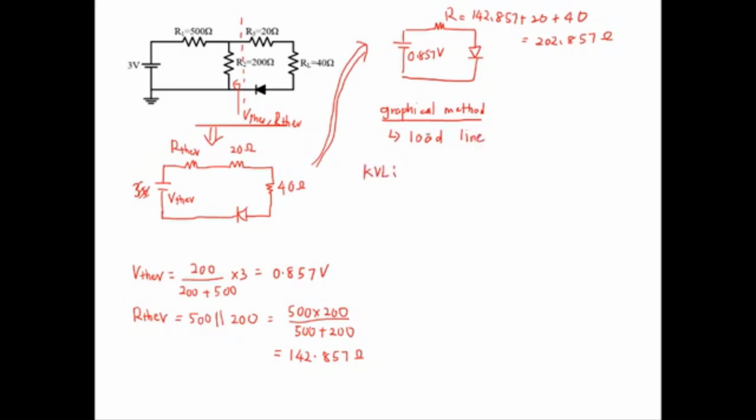So you do the KVL. Starting from here, we do the clockwise loop. So this is minus 0.857 plus IDQ times the resistance 202.857, plus VD is equal to 0. So you get this load line equation. Next you need to draw this equation.